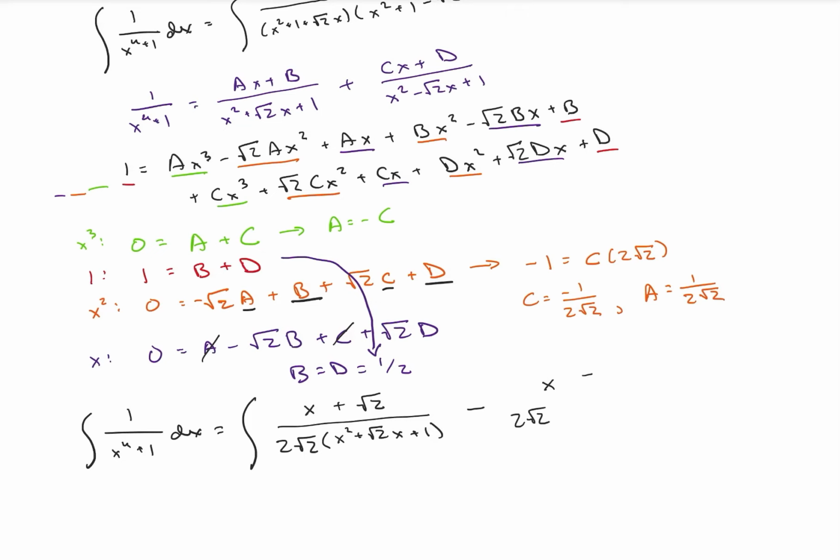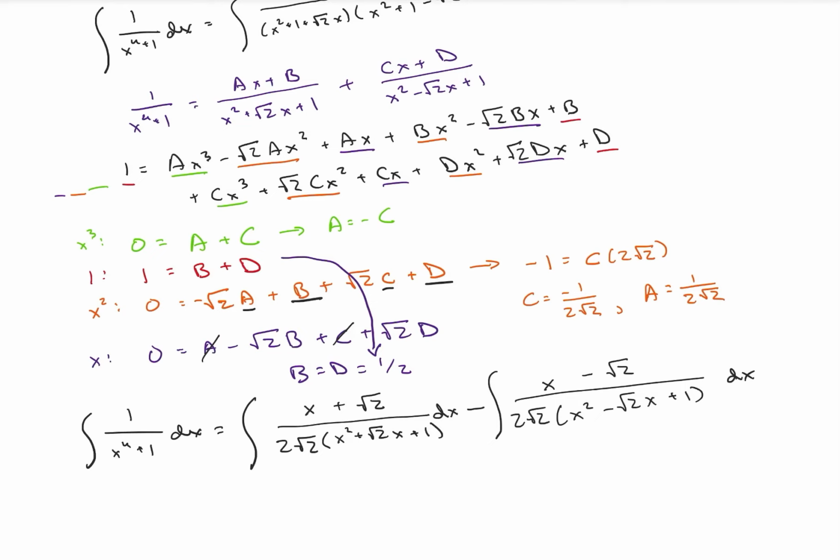So that's going to be minus root 2 over x squared minus root 2x plus 1, and that whole thing is going to be dx. Because I'm taking the sum of two things, I can rewrite that integral as the sum of two integrals.